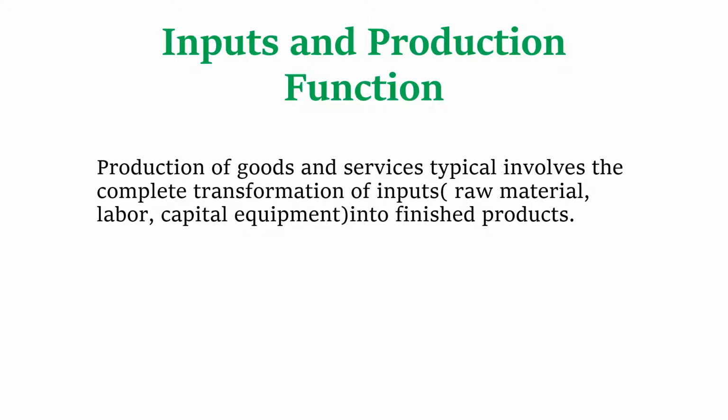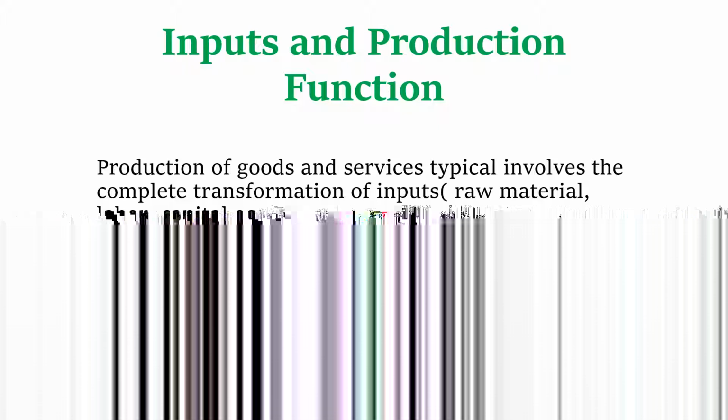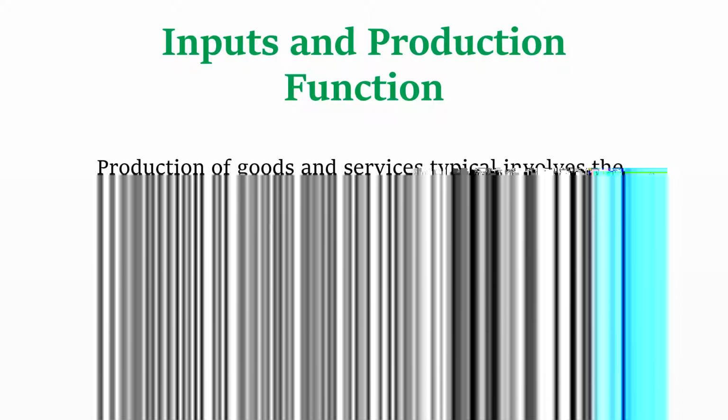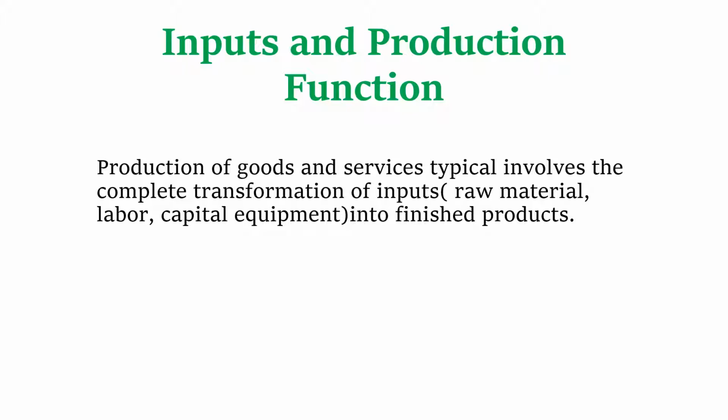Production of goods and services typically involves a complete transformation of inputs into finished products. Now, if you are producing lemonade, you need all the ingredients to produce lemonade, and you also need some effort, physical, human effort.